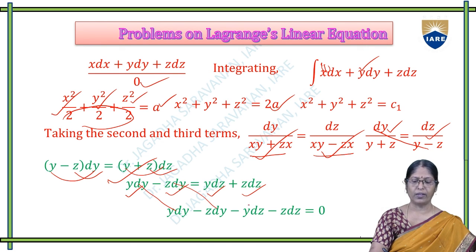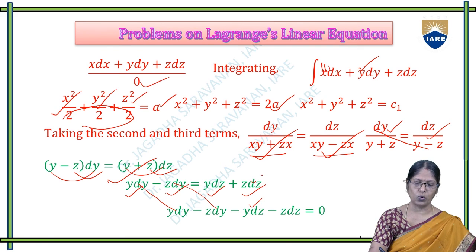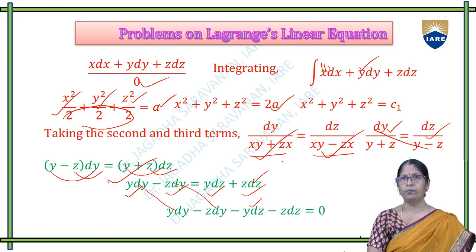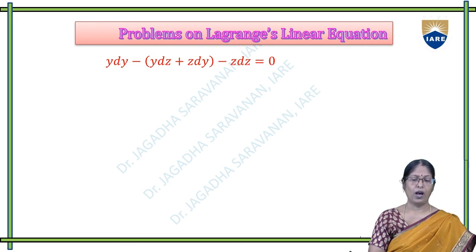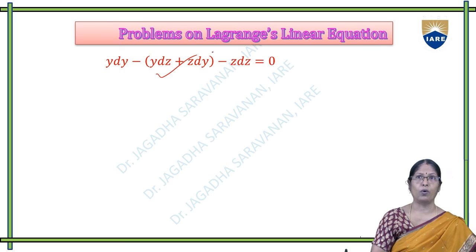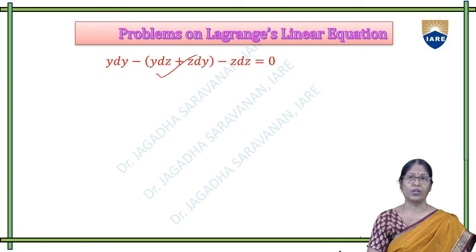This y dz, we brought it to the left position, it has become minus y dz, and this we also brought to the left position. So plus z dz also minus z dz, which is equal to 0. Now the term which is common, because we are going to do the integration, to make our integration very easy.